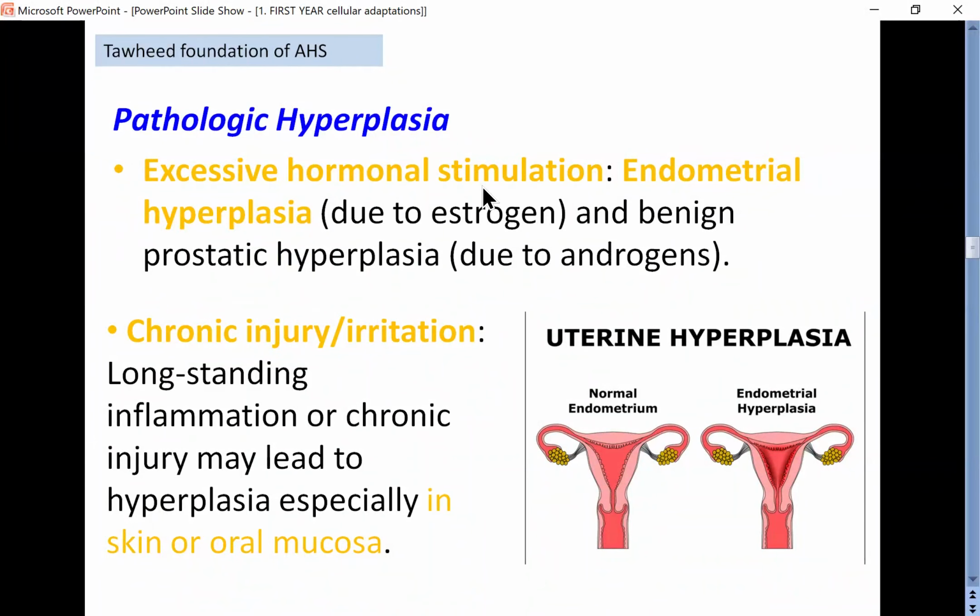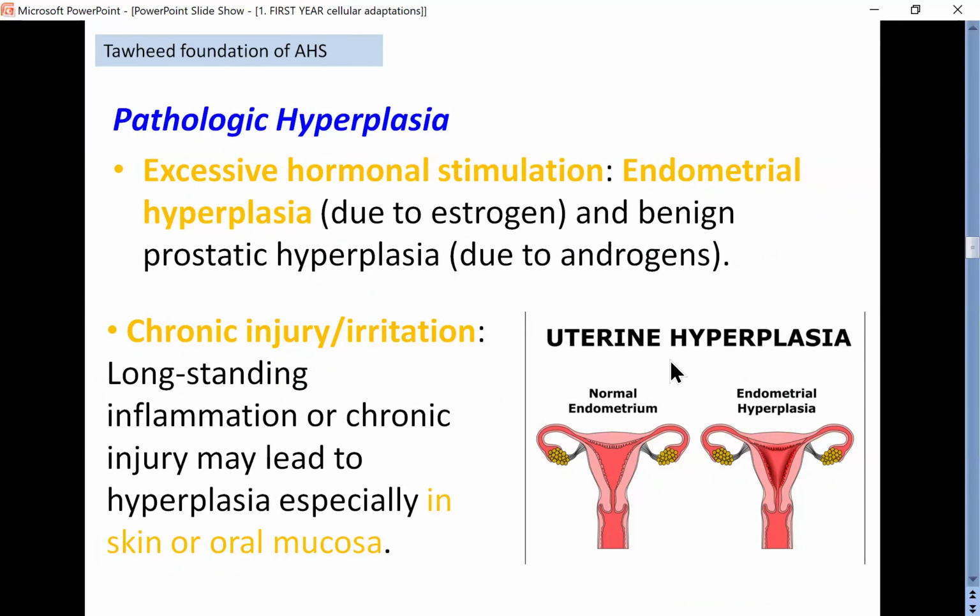When this hormonal stimulation becomes excessive or is not at an optimal level, for example, in a female of 45 years of age with excessive estrogen stimulation, she may end up with endometrial hyperplasia, which in a few years can become endometrial cancer. So this is uterine hyperplasia.